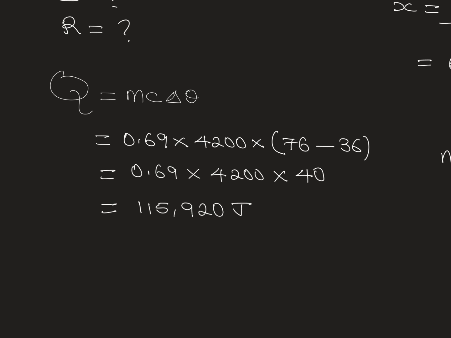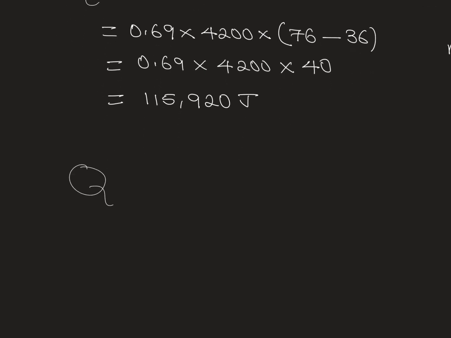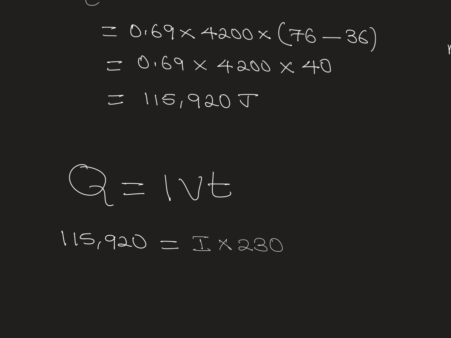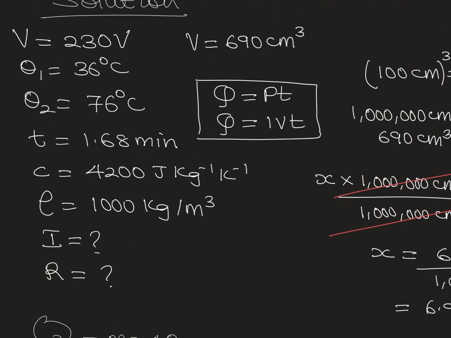So how can I use that to find the current? We know that the quantity of heat is also equal to IVT, that is the current times voltage times the time. So the quantity of heat, 115,920 joules, is equal to the current times the voltage, given as 230 in the question, times the time given in the question, which is 1.68 minutes.